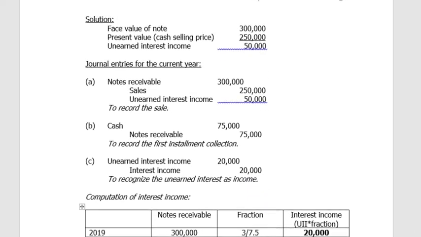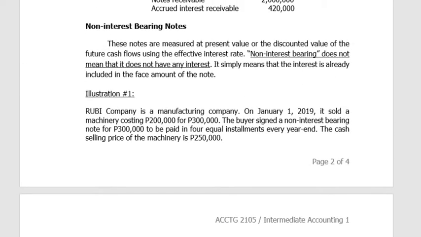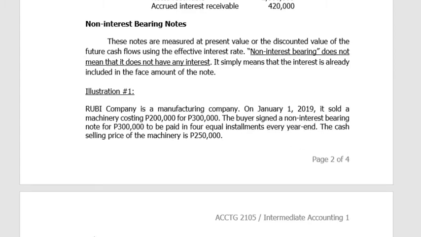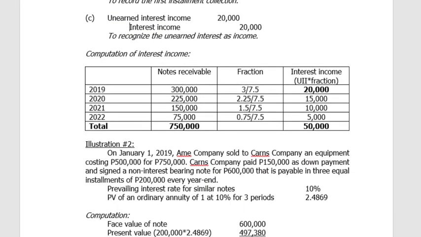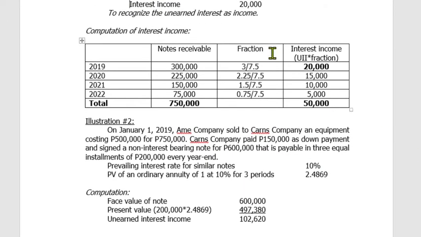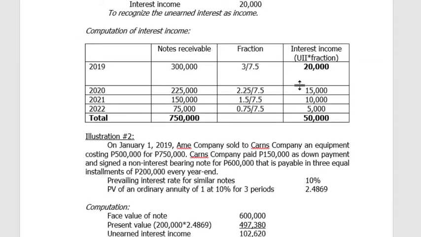Kailan ba binabayaran daw yung installment? Sabi dito, the buyer signed a non-interest bearing note for 300,000 to be paid in 4 equal installments every year end. Kaya, nirecognize mo na siya dito. Debit unearned interest income, credit interest income, 20,000. So, when you total this, you will arrive at 50,000.